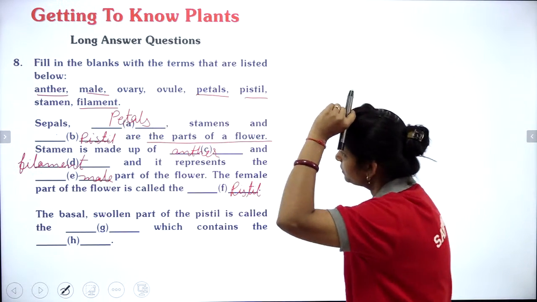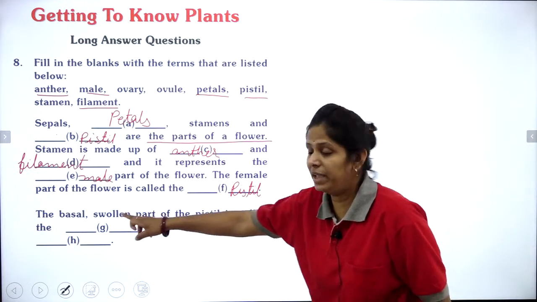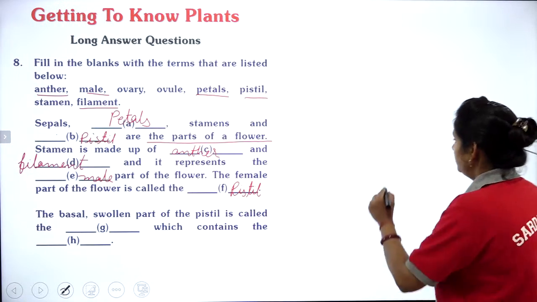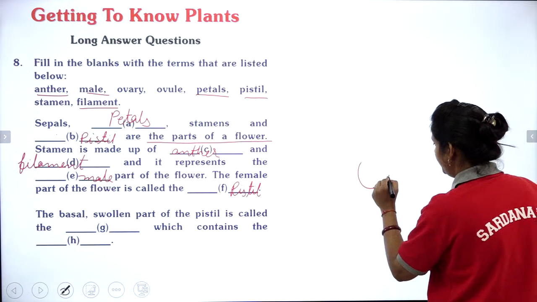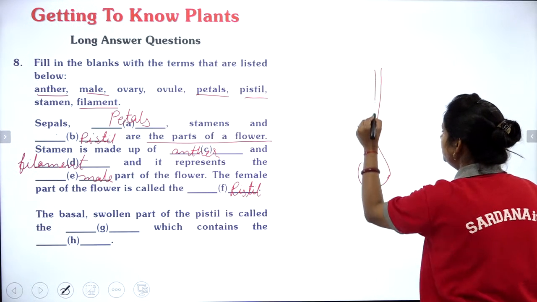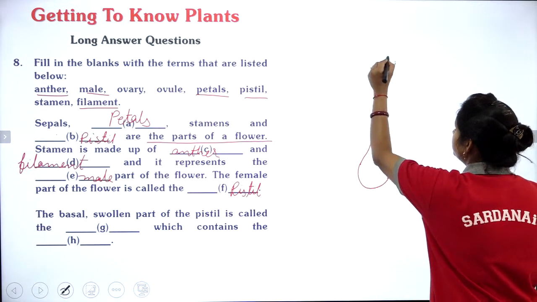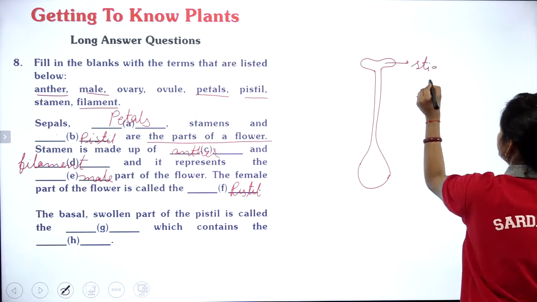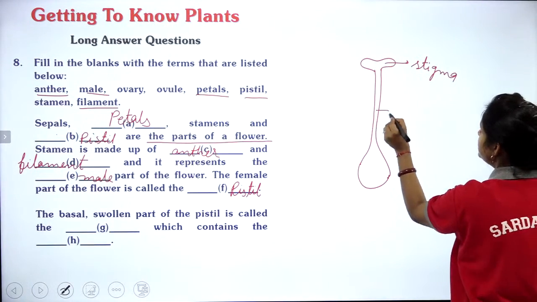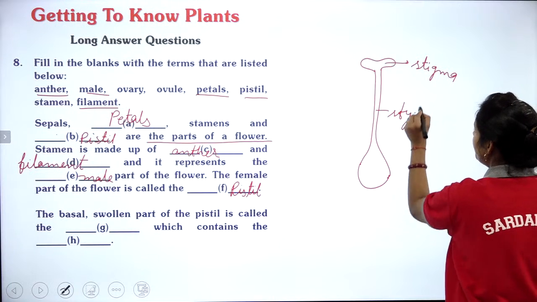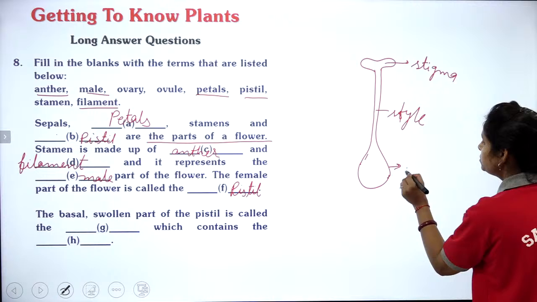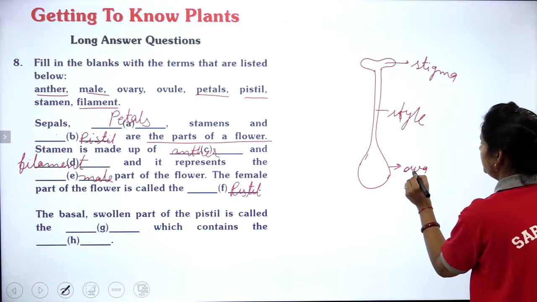Okay. Now the basal swollen part of the pistil is called, you just see, identify this structure. This is the stigma, and this is the style, and this swollen part is called ovary.